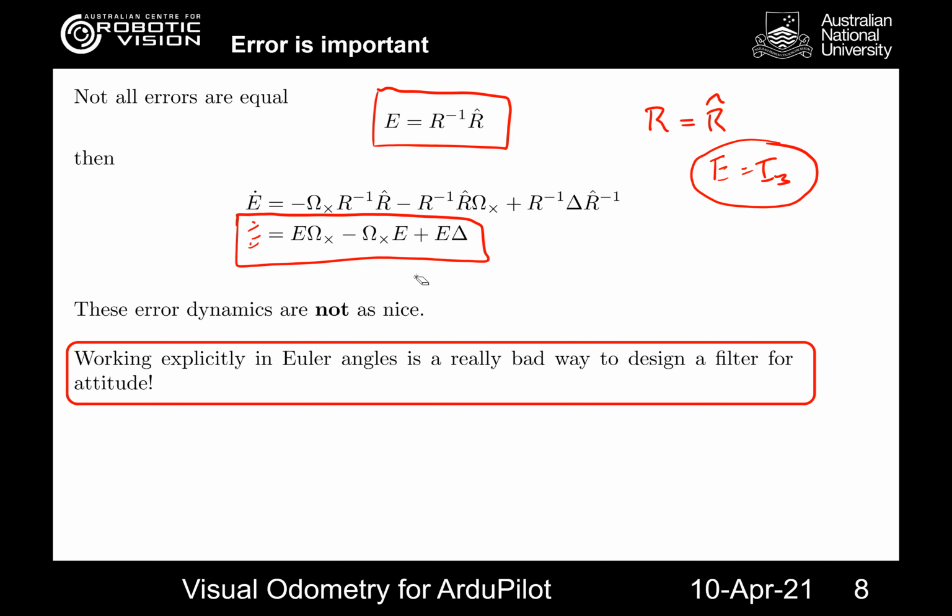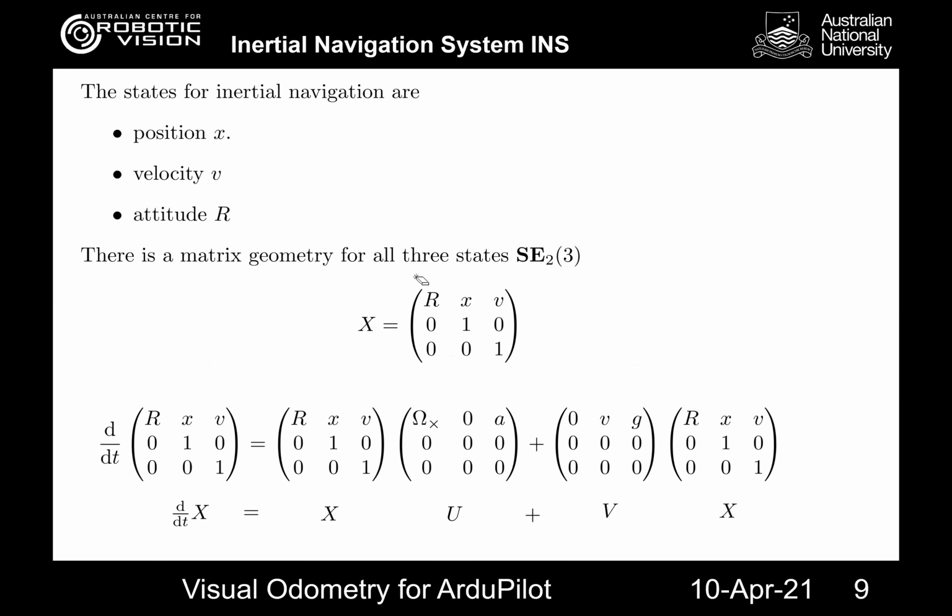And so when you tackle these navigation problems, you need to think about what geometry to use and what error to use. And if you get those right, then you start building these very robust, very powerful filters that actually work extremely well in practice. And that's what we're doing.